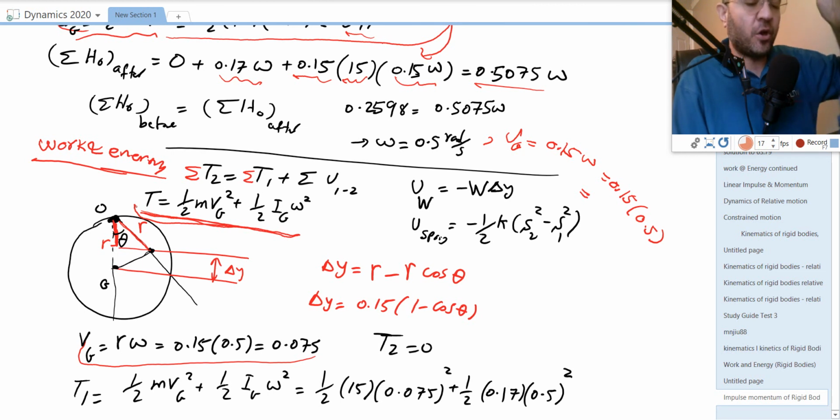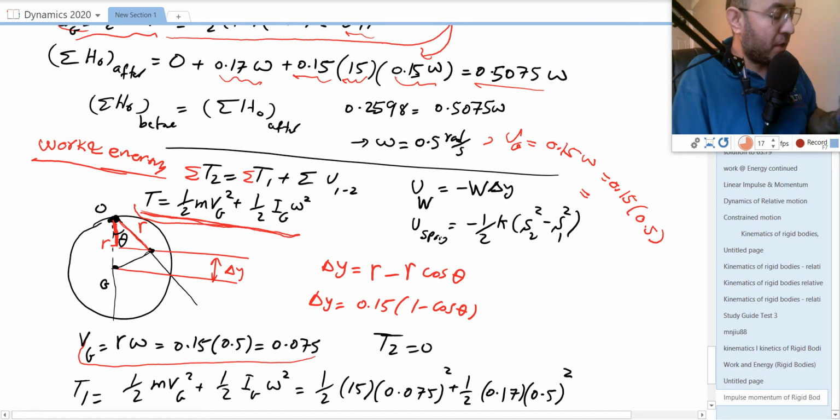For the disk that's going up, we have work of gravity. Work of gravity is minus W delta Y, and in this case, how much is delta Y? If the disk goes up from this place, the center point will move from here to a point here. We want to find how much it has gone up. So delta Y will be R, the radius of the first one, minus R cosine theta.